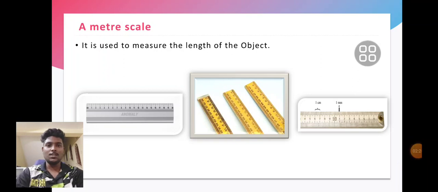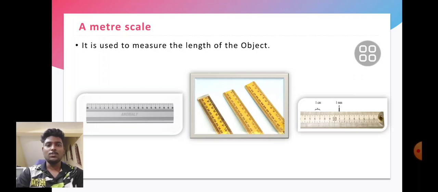Then a meter scale. We are all familiar with the concept of a meter scale. A scale is used to measure the length of an object. It is the initial thing in our childhood days; we used to measure something on notebooks or for geometrical representations.